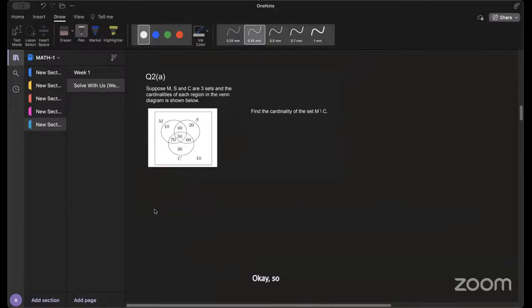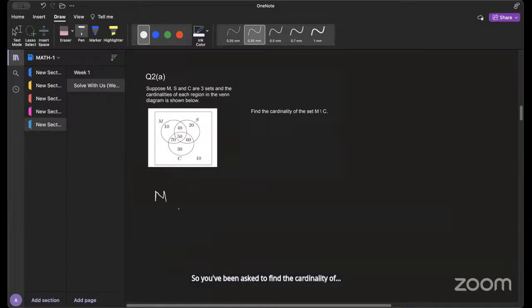Okay, so we'll solve it here now. You've been asked to find the cardinality of M minus C, so you're supposed to remove the set C. So this is your M set, and this is C. That's what M minus C means.